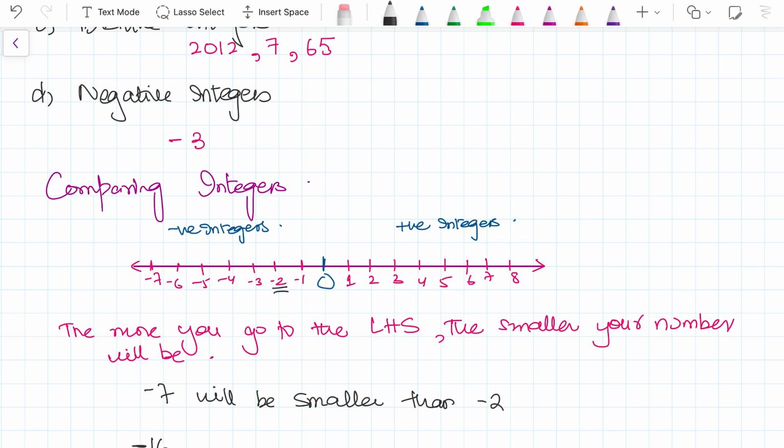However, minus 16 will be smaller than minus 7, because minus 16 will be further away on the left hand side. So you have to look at the comparative direction, right?